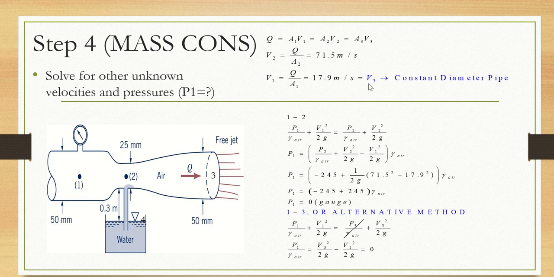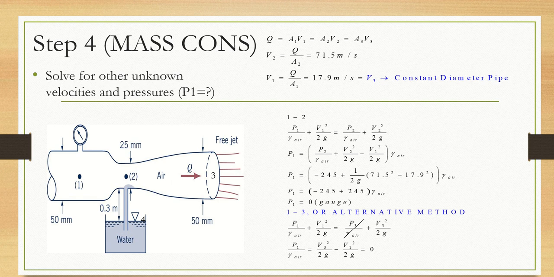And I know those values from when I applied mass conservation. So therefore, it turns out that I know V2, I know V1, and that the pressure at 1, wow, look at that, is minus 245 plus 245 times gamma of air, and that's equal to 0. So the pressure at 1 is equal to 0 gauge pressure.